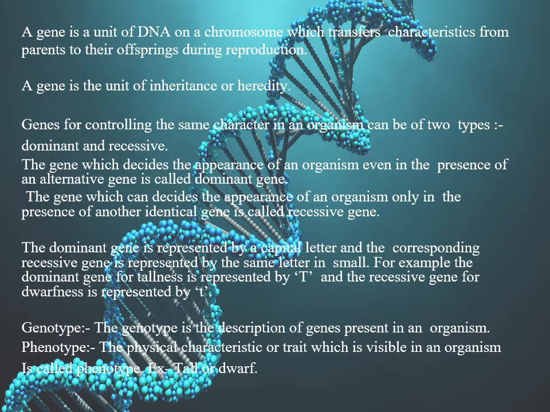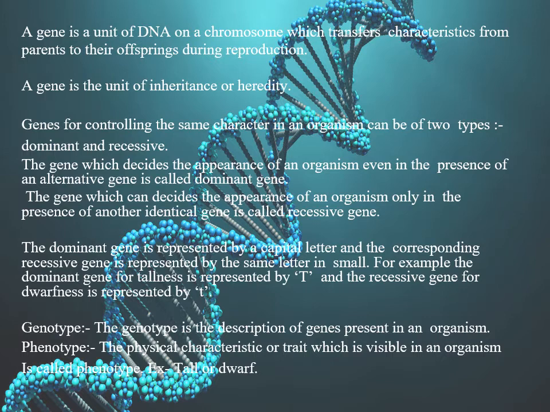So if it is tallness or smoothness or the color of the eye, if it is a dominant trait, that trait will be expressed in that generation or in that progeny formed. The gene which can decide the appearance of an organism only in the presence of another identical gene is called a recessive gene.